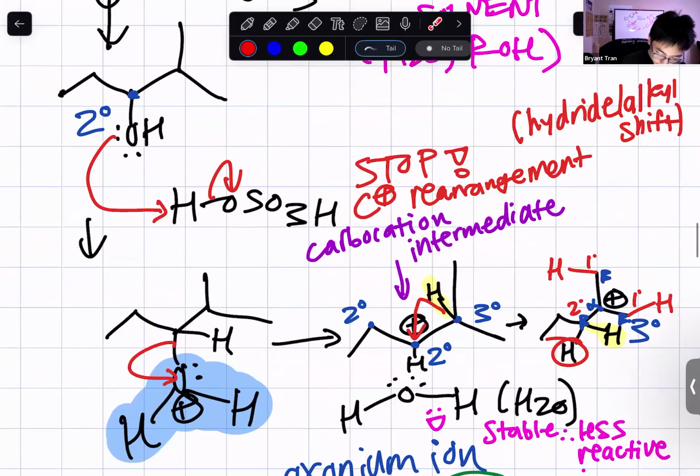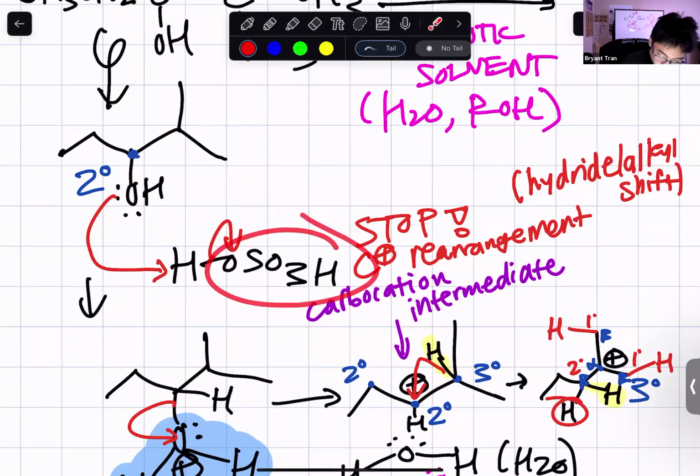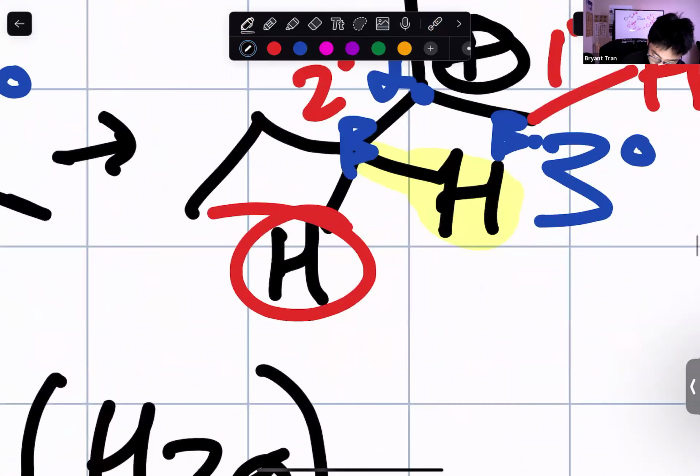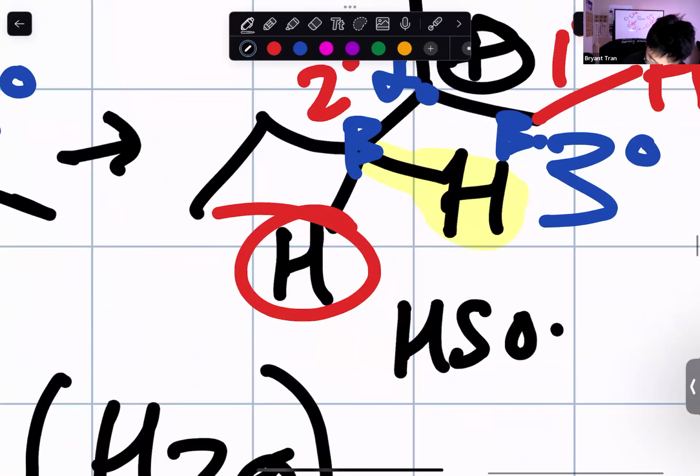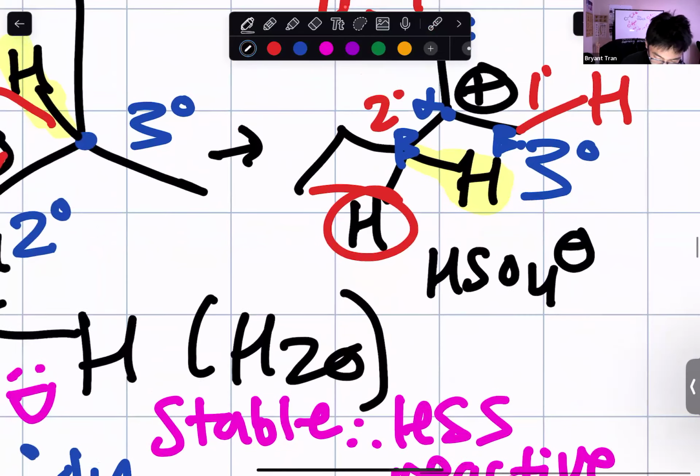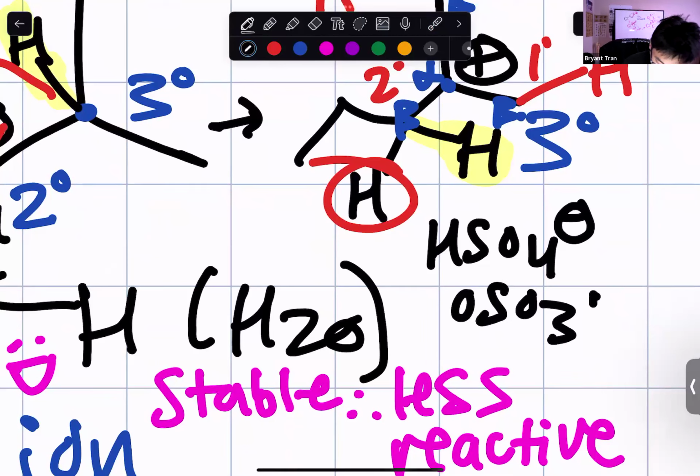Okay. So the next step here is to bring in the conjugate base, HSO4 minus. You could write it like this, which if it makes more sense, then I would recommend doing it like that. But I'm going to do it like this to accurately show the negative charge on that oxygen right there. That's going to be my base, which is going to grab that beta hydrogen.